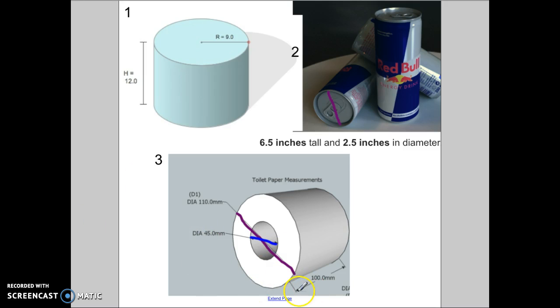And then the height from base to base is 100 millimeters. So I want you to figure out the volume of just the toilet paper. I don't want that empty toilet paper roll piece in the middle. A hint here, it might involve some subtraction to figure that out.